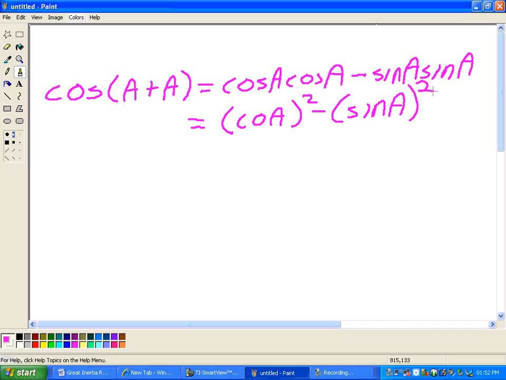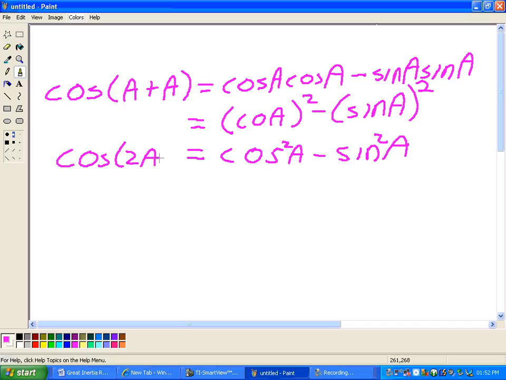That's the way they will have to be in your calculator when you get them to calculate. But the way that we write them is this way. That is known as the double angle formula.